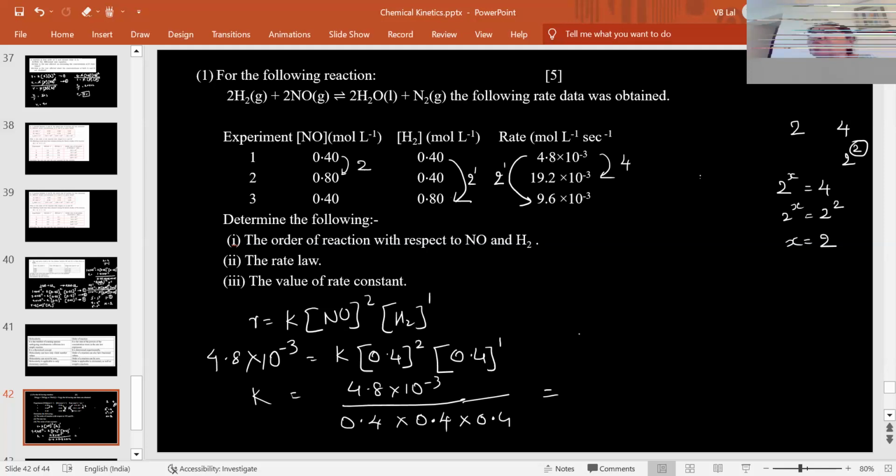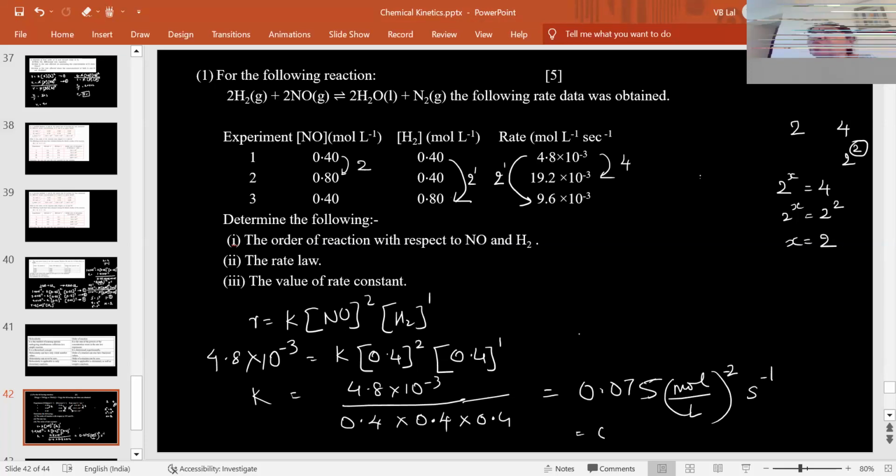Did you find the answer? Right? And this also will be moles per liter raised to minus 2 and second minus 1.